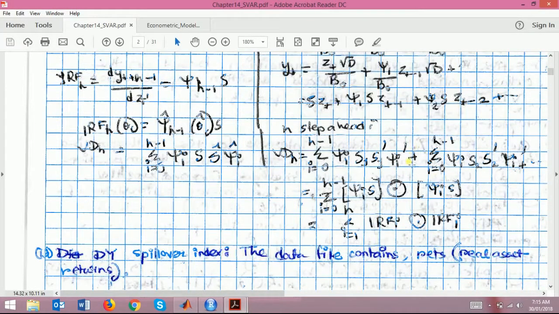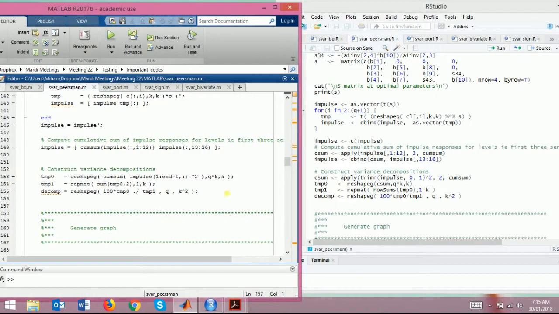Decomposition is q into k square, right? I'm not sure what they did here. So basically, this is the element 1 by k, repeat matrix, and then TMP0, this one divided by this one, Q rows, K square columns.